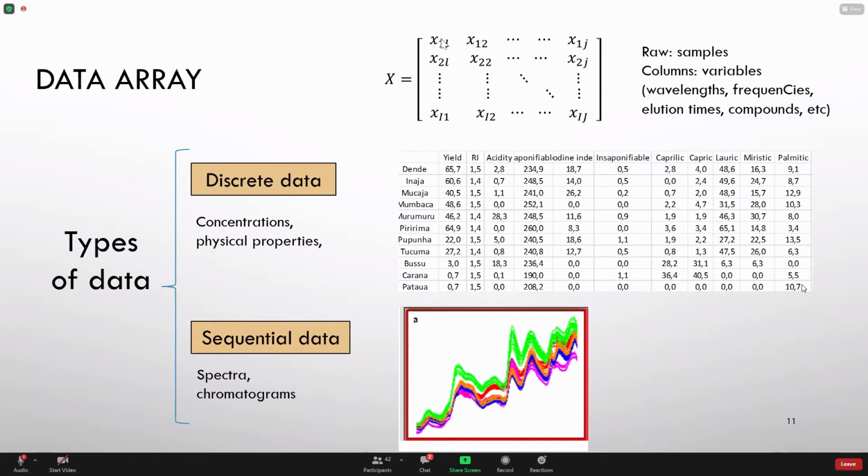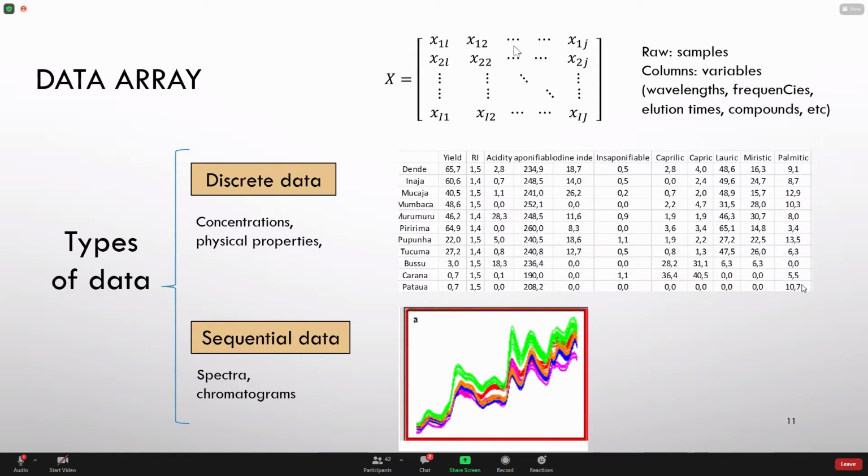For example, this first element will be the absorbance of the first sample at the first wavelength, and this one will be the absorbance of the first sample at the second wavelength. So, okay.